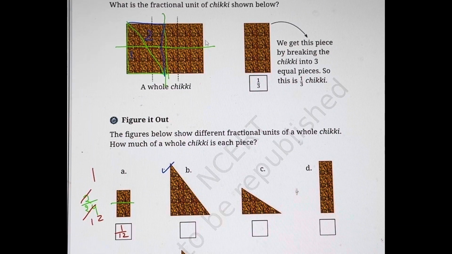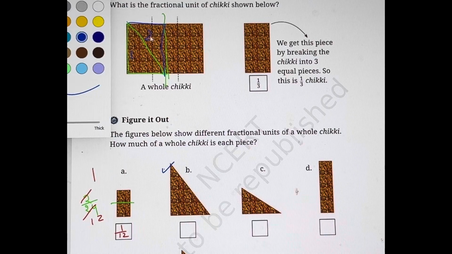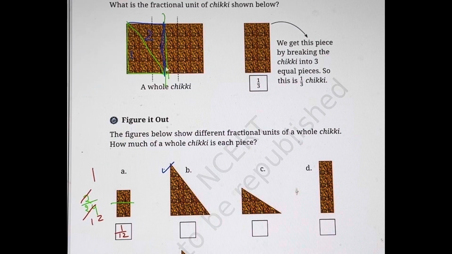So 1, 2 triangles over here and 2 more triangles in this shape, 3 and 4. So you are getting 4 parts of this chicky, and this one triangle represents 1 out of 4 parts. This is question number B.